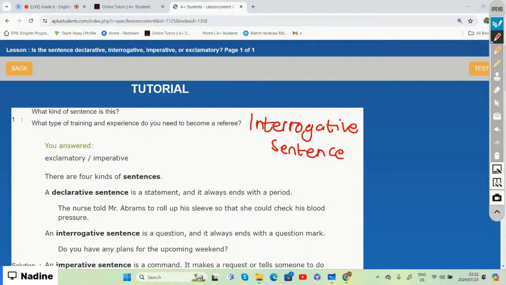The question ends with a question mark, so with interrogative, we ask a question.